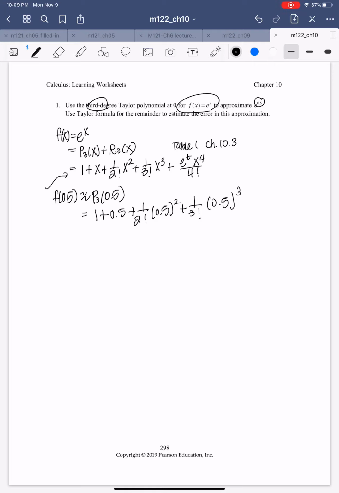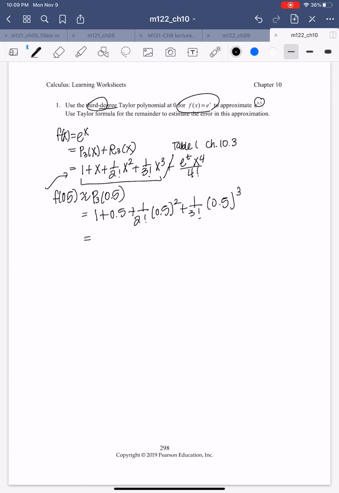Technically, it's degree 3, so we plug in the 3 terms. I just wrote a couple more, but we just need degree 3, so we stop at the 3rd term.